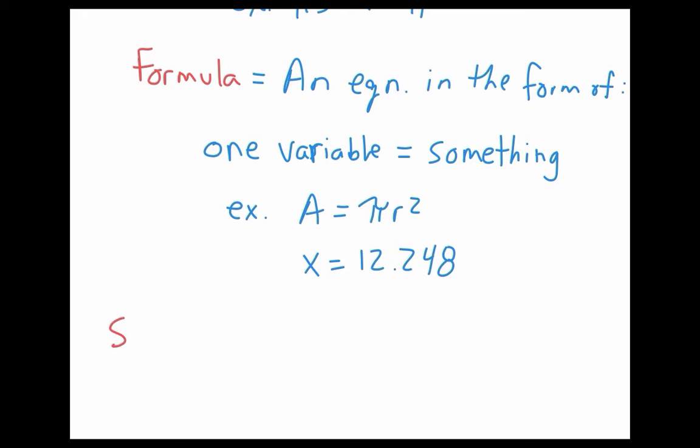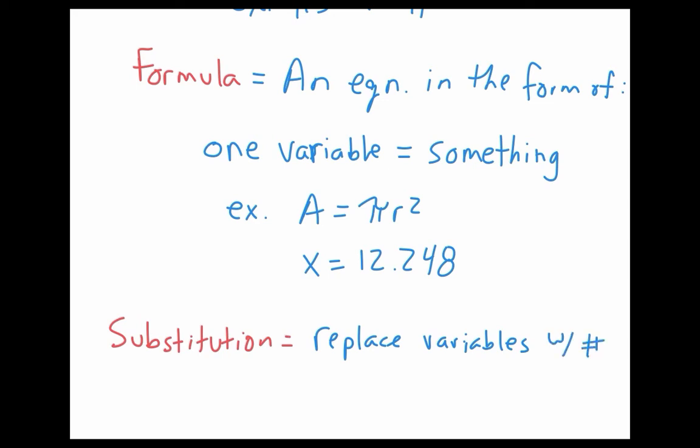You might want to write it, seems like we struggle with that a little bit. Substitution is when you replace variables with numbers. Or it could be just one variable with numbers.